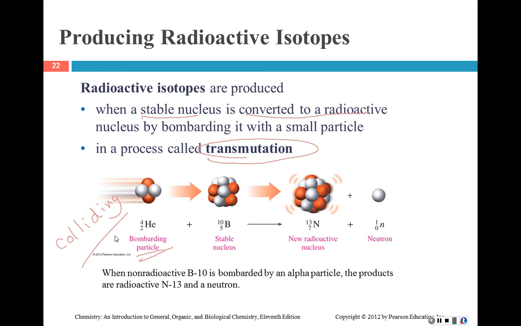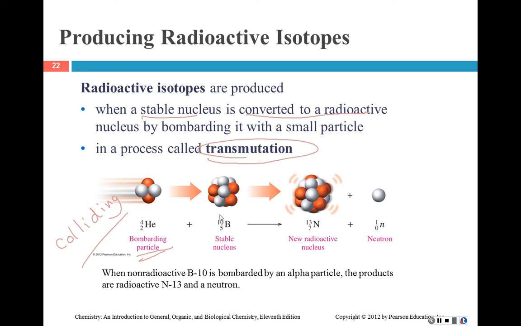That's what they're doing. All right, so if you have boron 10 and you bombard it, so it's not emitting this time, you're actually hitting it. Like, I don't know if you've ever played pool or billiards, but it's like taking the cue ball and smacking it into that stable boron nucleus. What happens is that part of that helium sticks to the new one and it spits out a neutron.